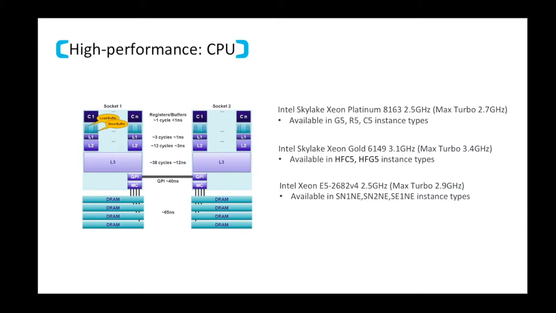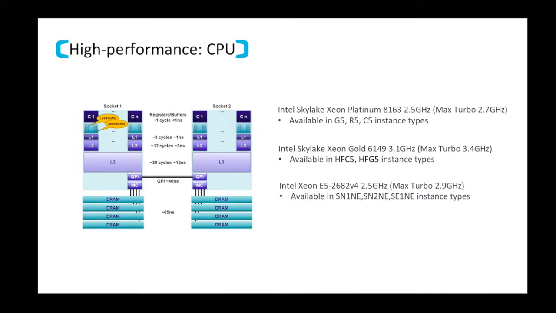Intel Skylake Xeon Gold 6149, with a higher clock speed, has a base performance of 3.1 GHz and can be turbo to 3.4. This CPU is used in the families HFC5 and HFG5, which are designed for high-frequency computing.